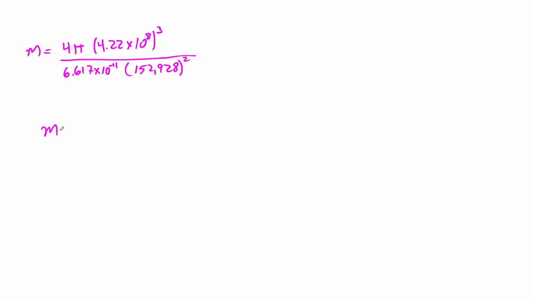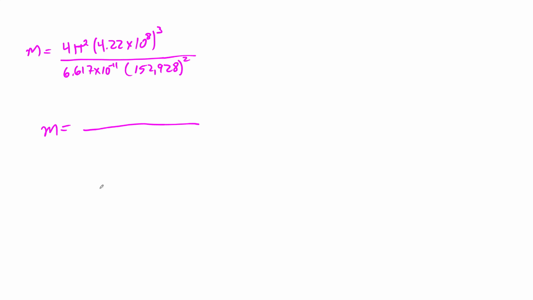So the mass that we're looking for. What I'm going to do is solve for the top first. 4 times, whoops, and I forgot, good thing I remembered this, we forgot to square that. Pi squared times the quantity 4.22 raised to the third.